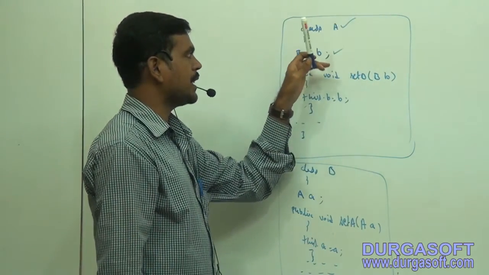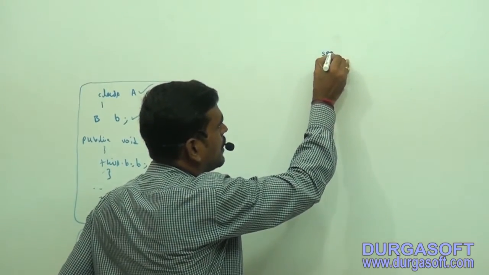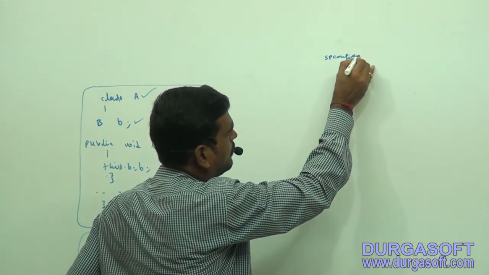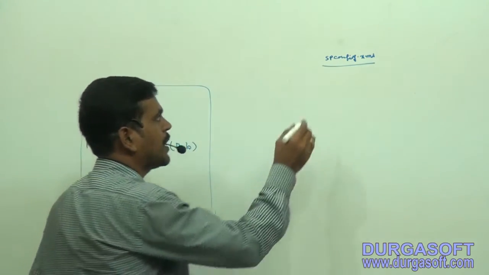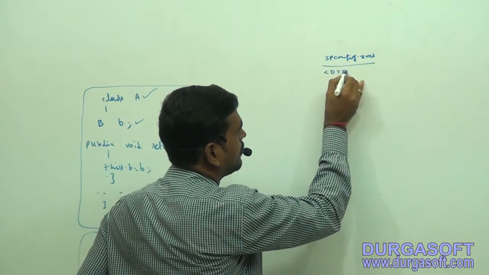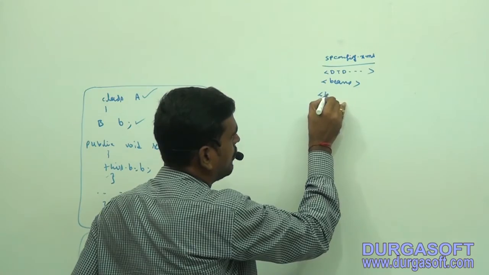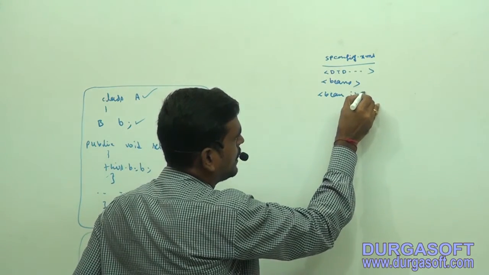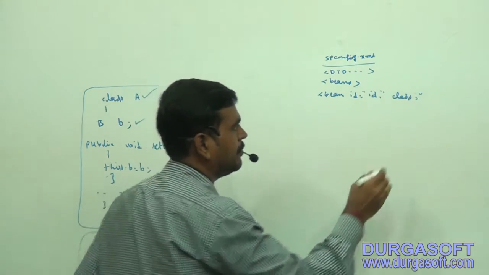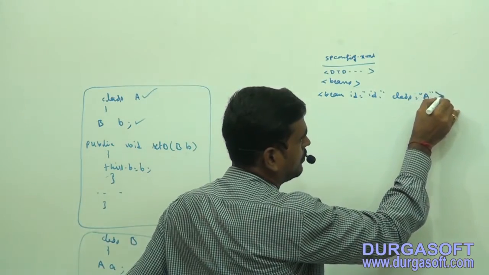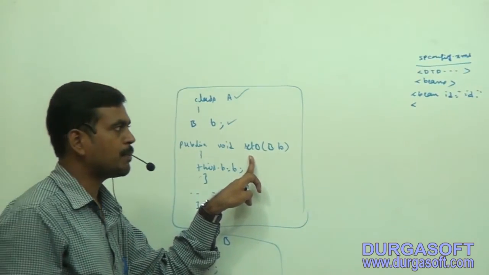Generally, how do we configure these A and B classes inside the Spring configuration file? We have to configure like this: spconfig.xml. After creating it, now we have to take the DTD. The next, bean id is equal to id1, class is equal to A. Then, because of this setter method, we have to take property.